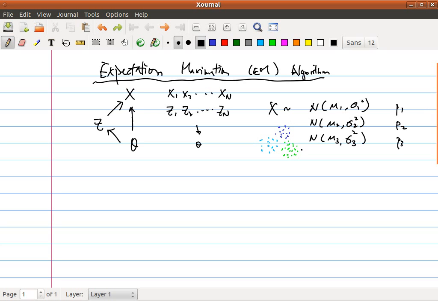However, if I don't know the membership, then it'll be difficult. Z here is basically just the membership of each data point.